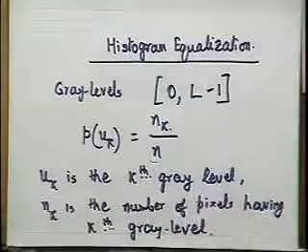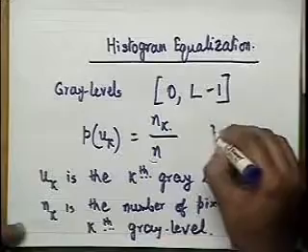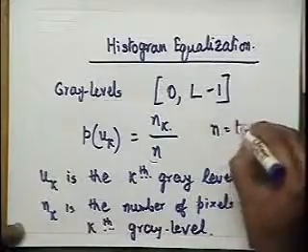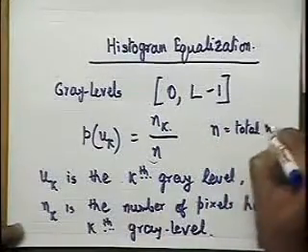What is this n, the denominator term? The denominator term n is the total number of pixels.